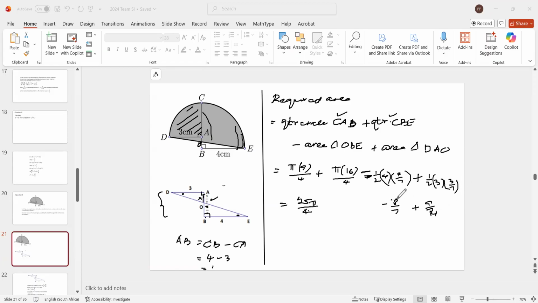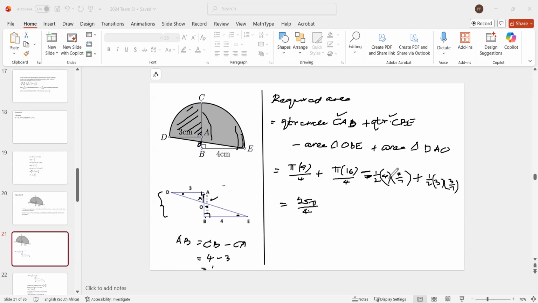I'll make this minus 16/14. Sorry about this. The denominator is 14 here. Let's just get the same denominator in both cases.